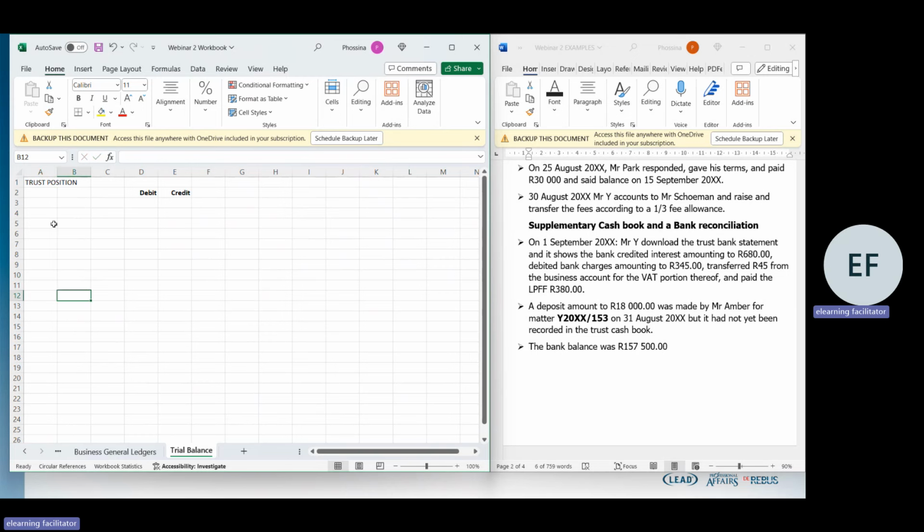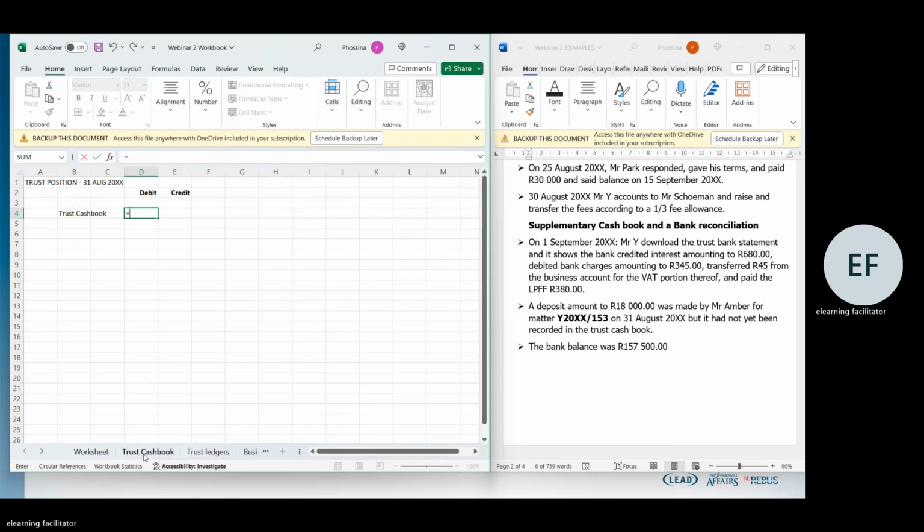So the trust position, we are doing it as at 31 August 20XX. We start with our trust cash book balance. How much are we sitting with in our trust cash book? Remember, the trust cash book would have a debit balance.